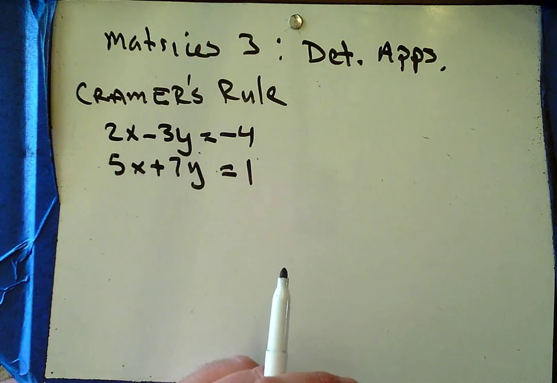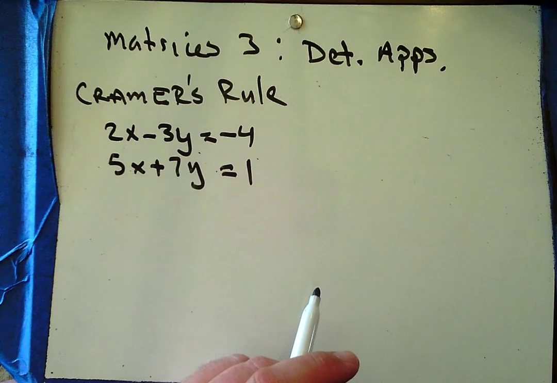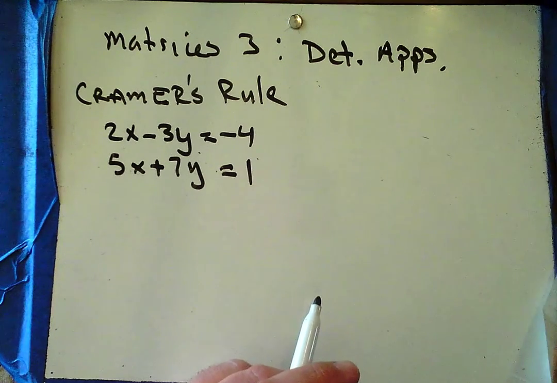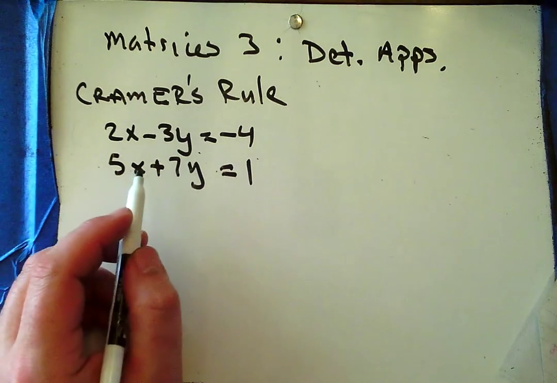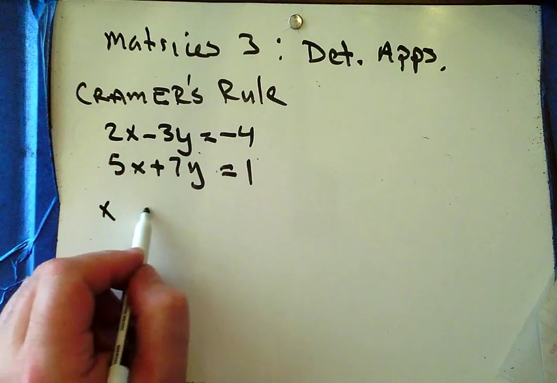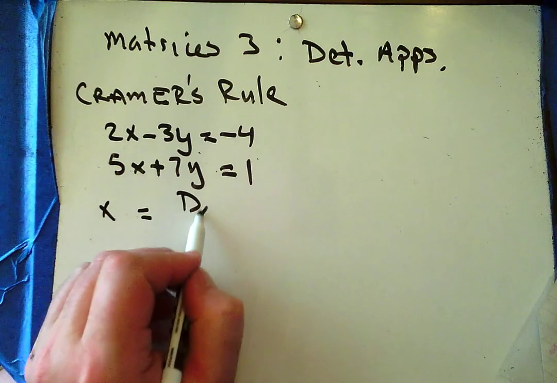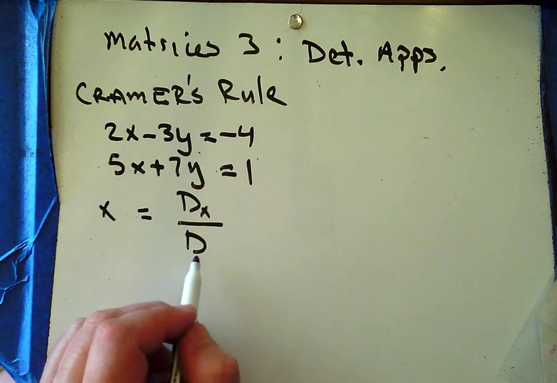What I want to look at here is how can I use determinants to help me with this? Well, Cramer says that we can do this kind of thing. The notation that we see is the determinant of the x's over the coefficient matrix determinant.